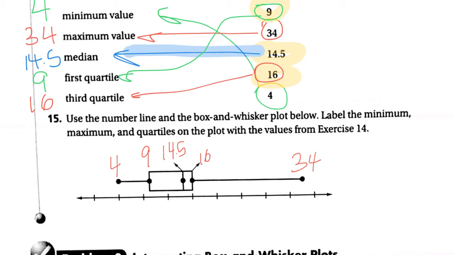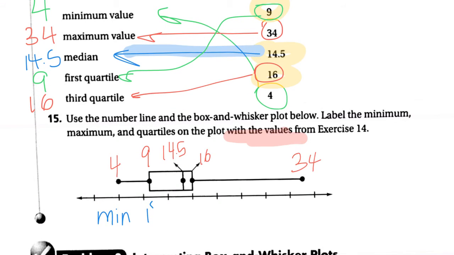So here, just to make sure that we followed the directions, it says use the number line in the box and whisker plot below, label the minimum, maximum, and the quartiles on the plot with the values. So we did use the values here. Let's just go ahead and name the points here. So this was our minimum.